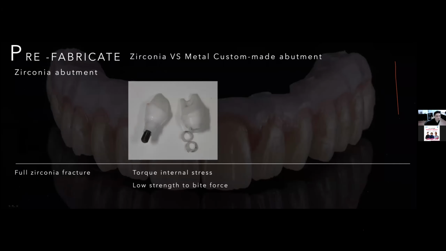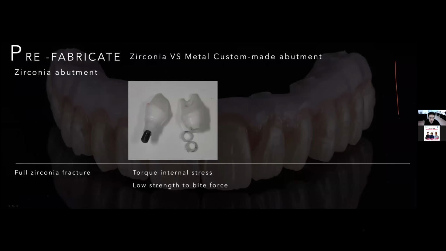And with the full zirconia abutment, sometimes in the patient's mouth we have failure, and what is the problem? When we design the full zirconia abutment in the patient's mouth, the dentist torques the zirconia abutment, and we have stress at the full zirconia interface.